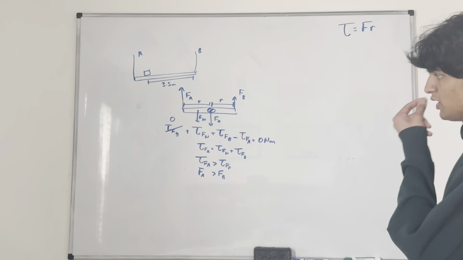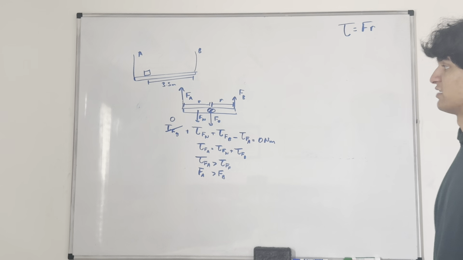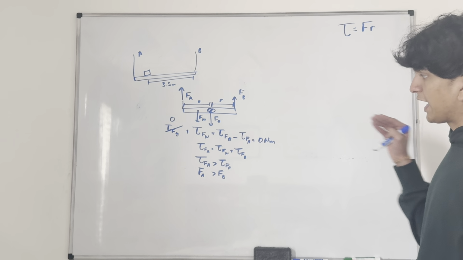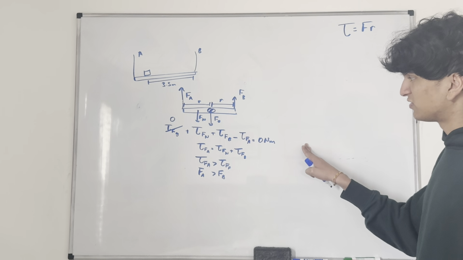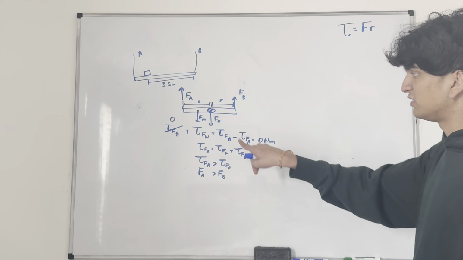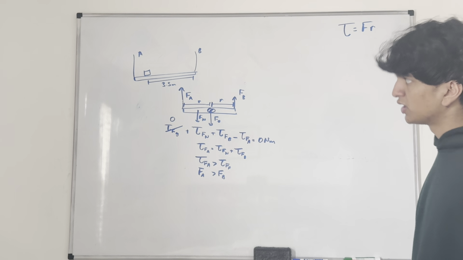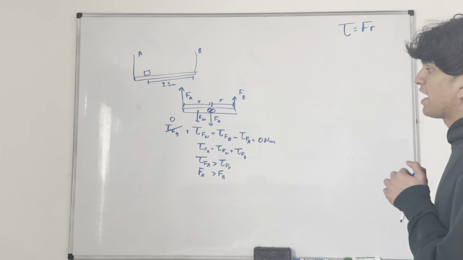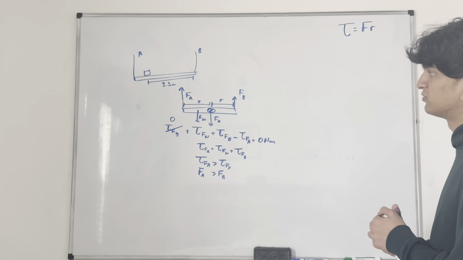So this is where you've got to choose your axis of rotation. I can't even use this torque net equation because there are two unknowns. There's going to end up being these two torques that I don't know. So I have to now switch to a new axis of rotation.